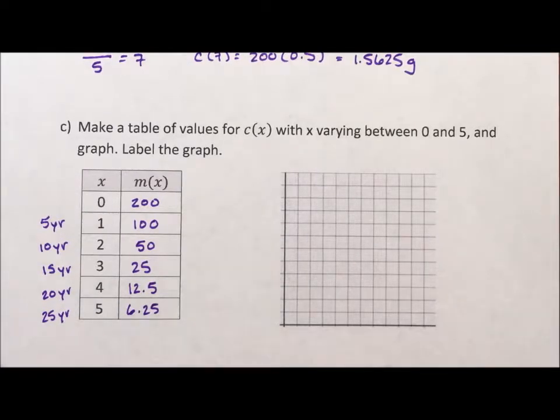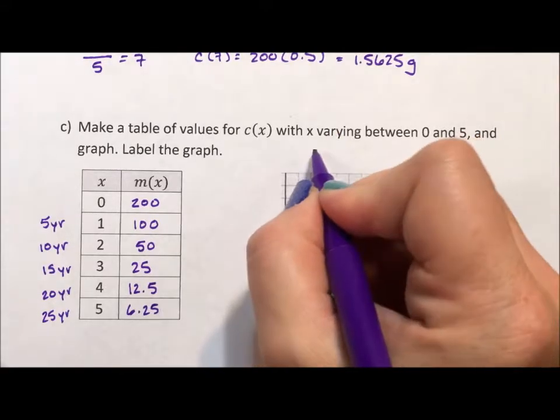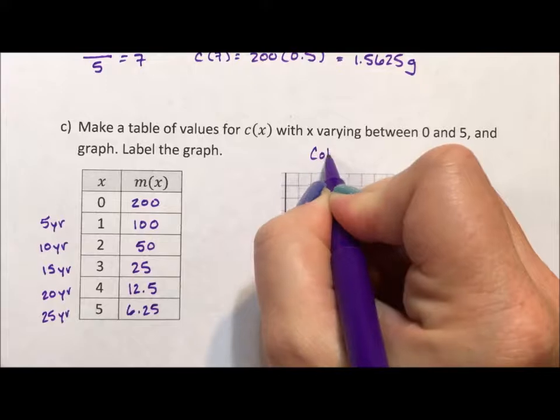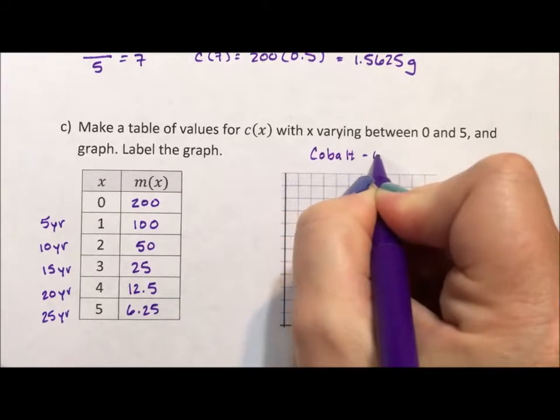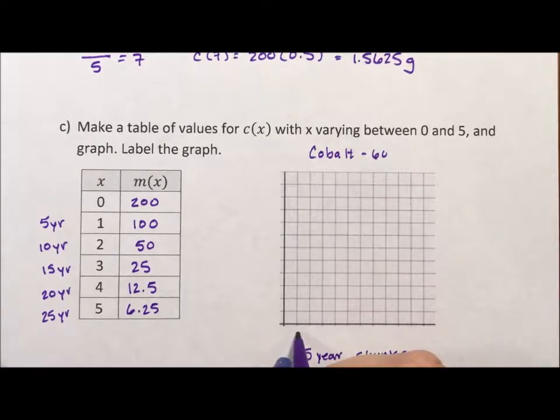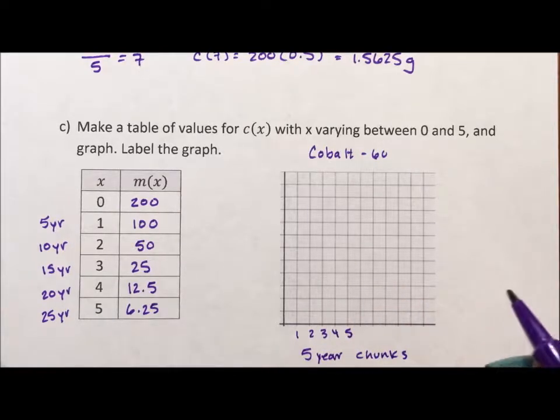All right, and then graph with labels. So this is, we'll just say cobalt 60. This is 5-year chunks. So 1, 2, 3, 4, 5. I could separate this more, but we'll keep it like this.